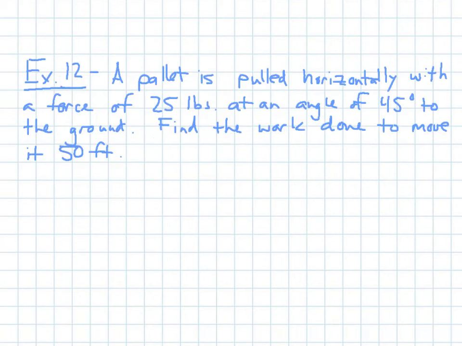So example 12 says a pallet is pulled horizontally with a force of 25 pounds at an angle of 45 degrees to the ground. Find the work done to move it 50 feet. Okay, so a quick picture of this would be, let's say this is your pallet, and let's say there's something here for somebody to pull.